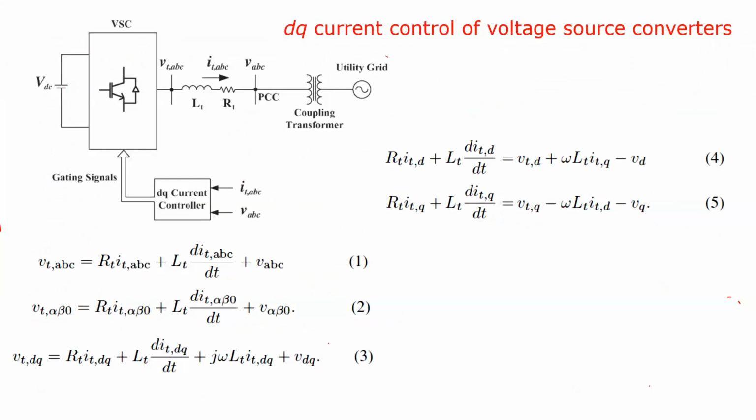This grid integration can be done in two ways. The first one is by measuring grid currents, and the second one is without measuring grid currents.